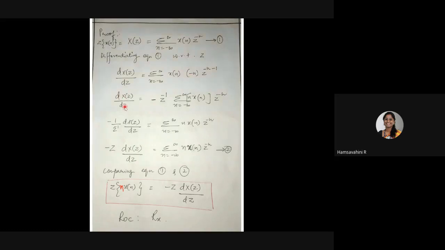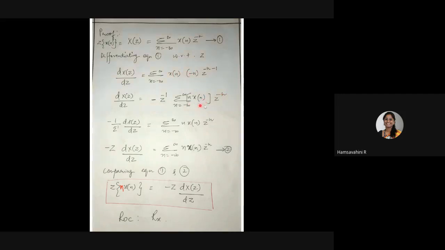I am taking minus z power minus 1 outside the summation, n equal to minus infinity to plus infinity. What is left is n into x of n into z power minus n.